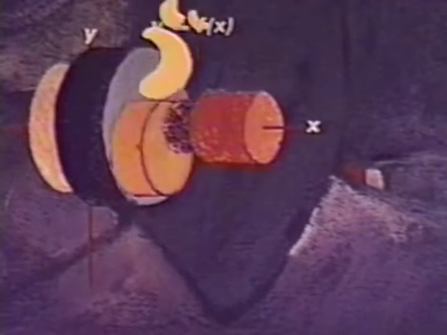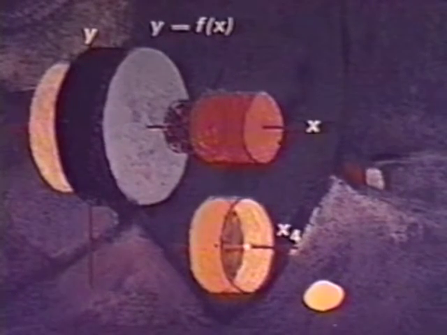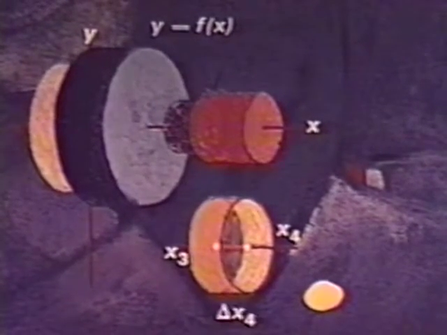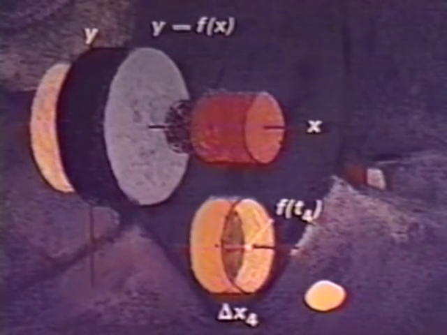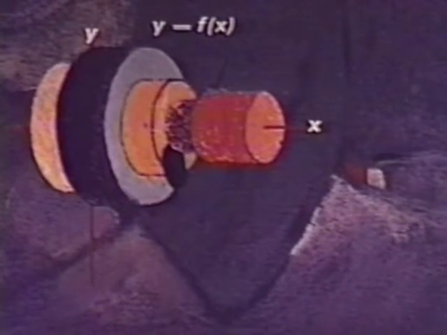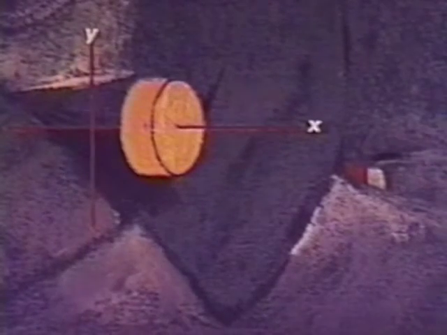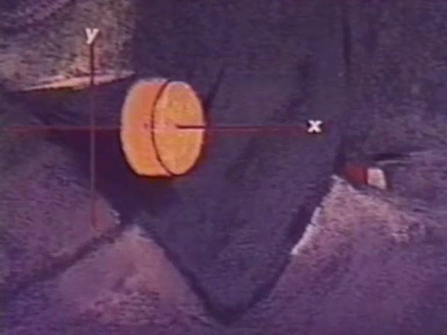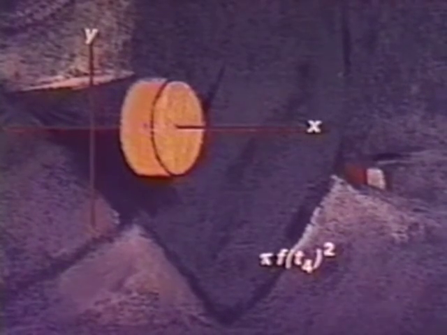The thickness of the fourth one, that's x4 minus x3, say delta x4. And its radius is going to be f of T4. That means that its volume is going to be pi times f of T4 squared times delta x4.